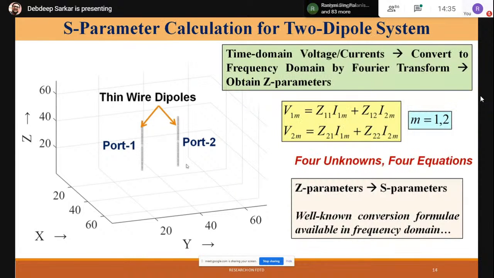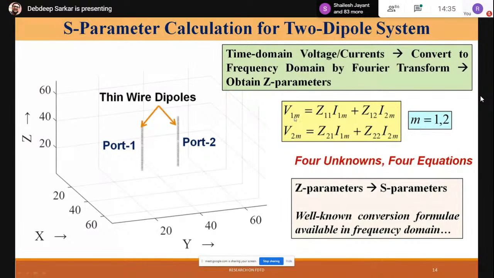Now let us say that from our entire FDTD simulation, we have the time domain voltage and current data. Our next step is to calculate the S parameters. We follow a simple approach. I am saying this for a two-port system; for an N-port system you have to generalize. For the two-port scenario, M denotes the port number.